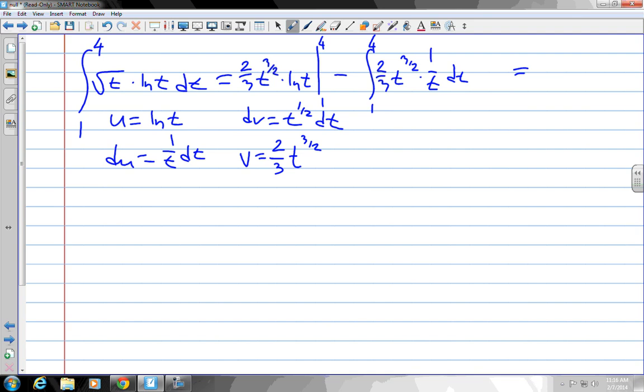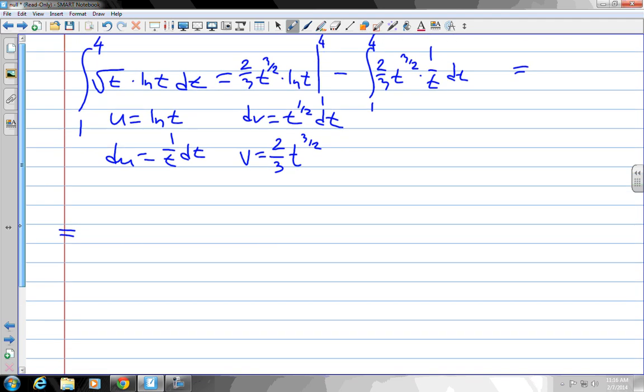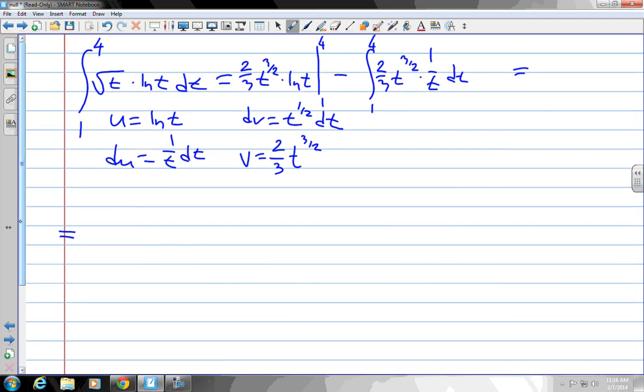Since we're keeping everything in terms of the original variable, the limits stay the same. What happens here, we can reduce the integrand. t with 3/2 gives us 1/2 back, right? So we're integrating t to the 1/2 again.